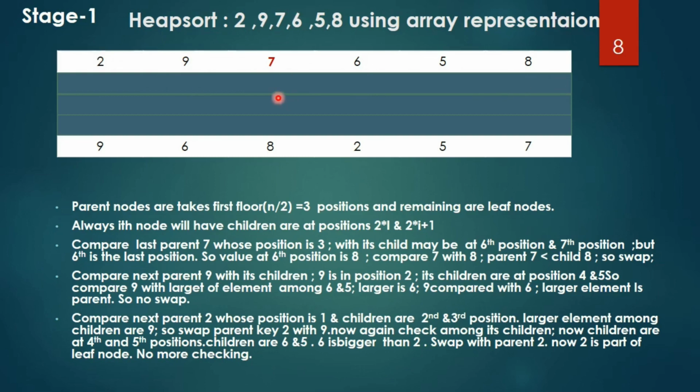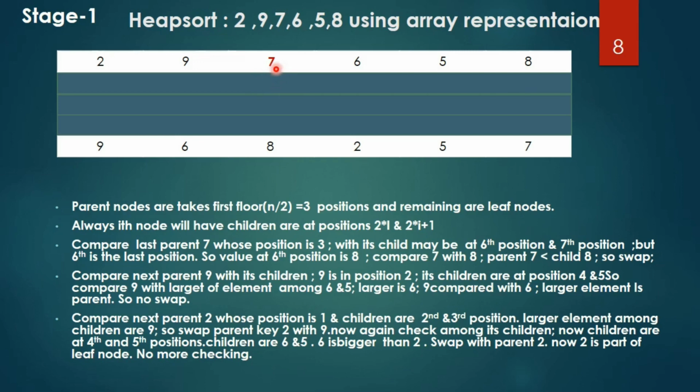Now according to the bottom up heap manner, start checking for the parental dominance property from the last parent. Here it is 7. 7 needs to be compared with its children. So always remember, if a parent is at the ith position, then its children are at 2i and 2i plus 1 positions.